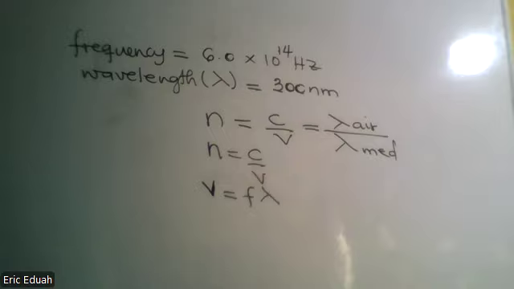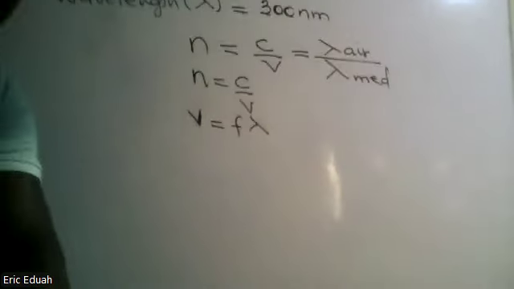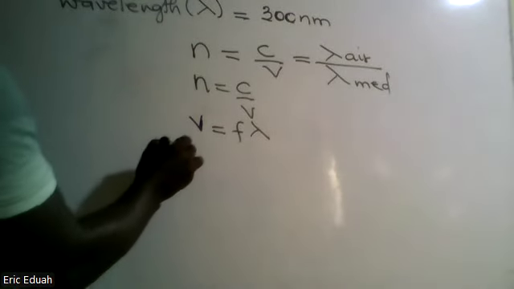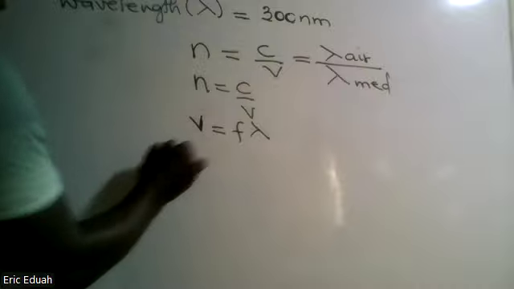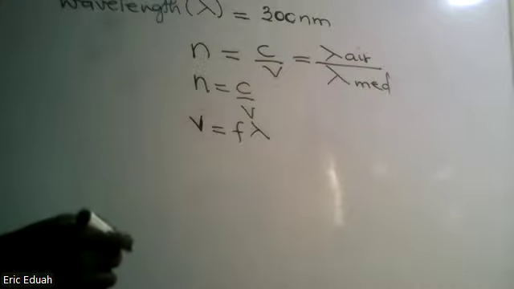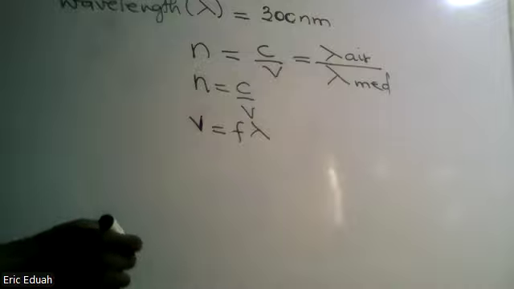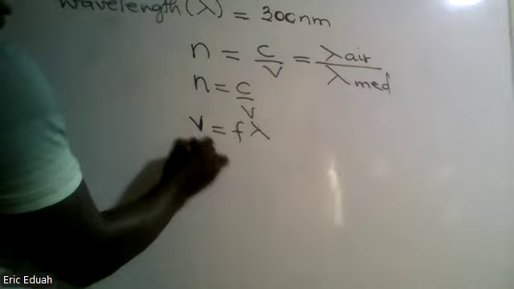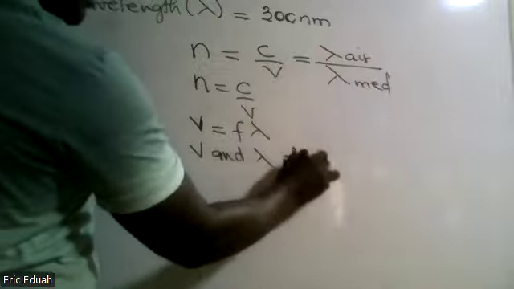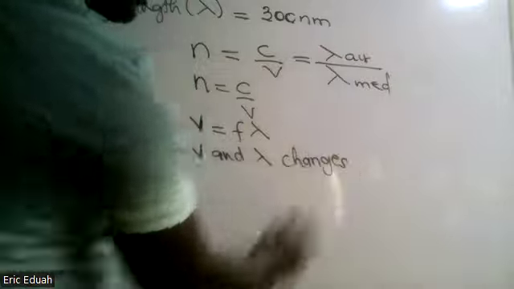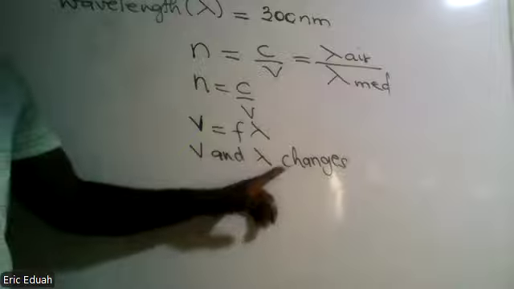Now, please note this: whenever light moves from one medium into another, the materials have different optical densities, and its speed or velocity and the wavelength change.